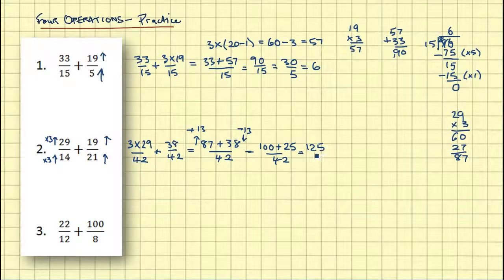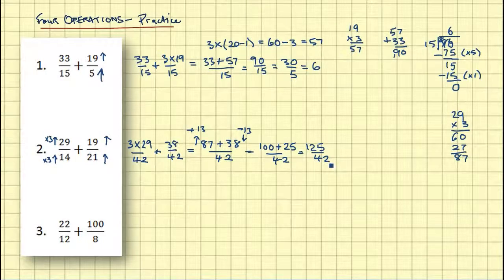Okay, so that's rewritten the problem to be much simpler, and we get 125 divided by 42. So the next challenge is to take 125 and divide it by 42. Okay, well, 42 won't go neatly into 125, and we can't simplify this either.